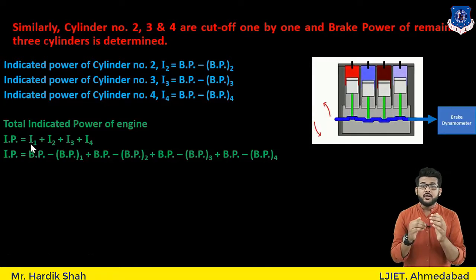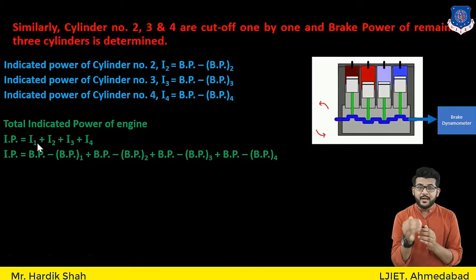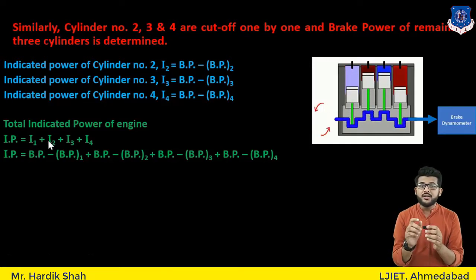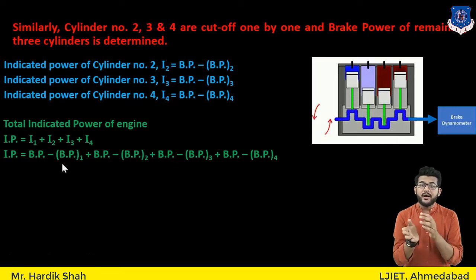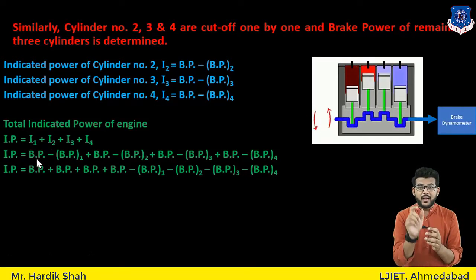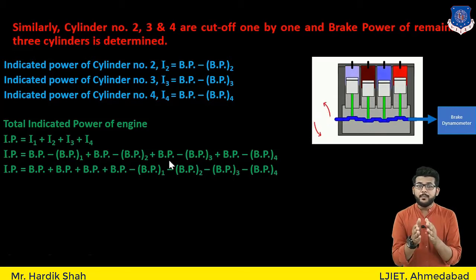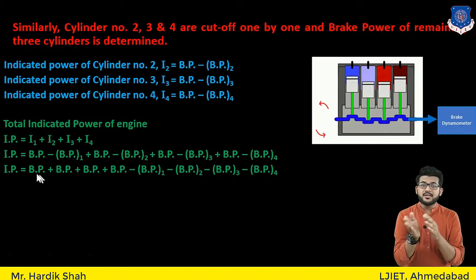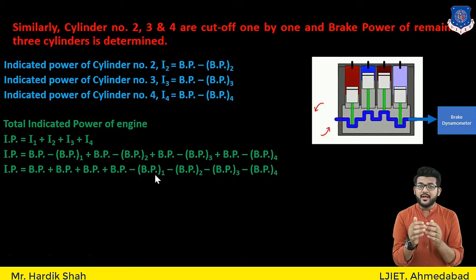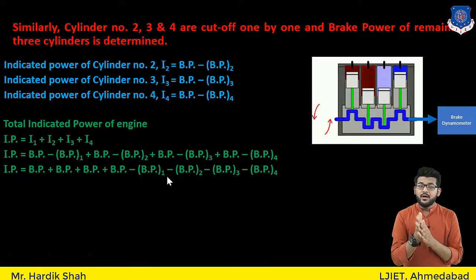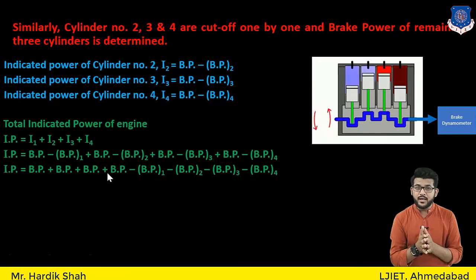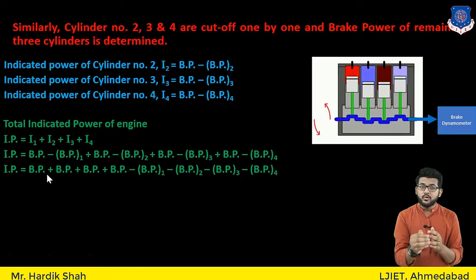Okay. Because your total indicated power is the summation of all the individual indicated powers. Okay. So by doing that, we have done brake power over here. Because it is all positive we have taken it here, and whatever is negative we have taken on the second side. That is brake power 1, 2, 3 and 4.